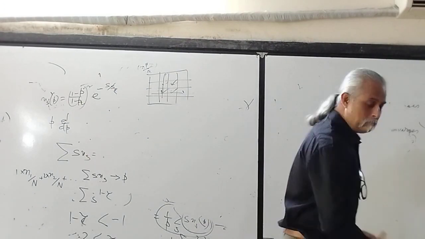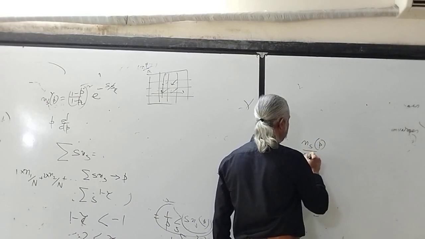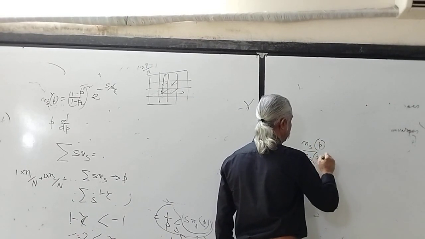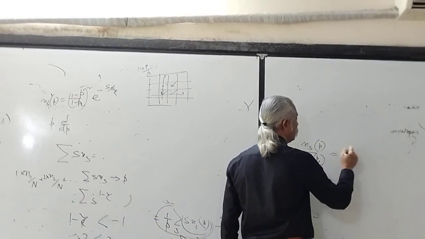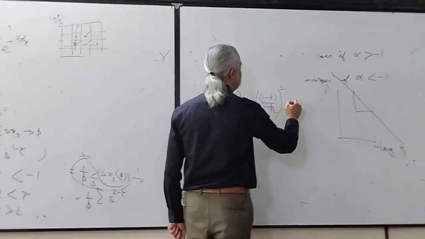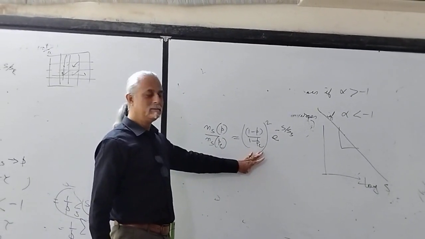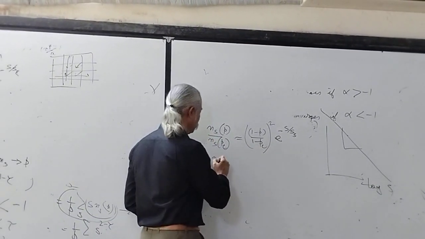তাহলে আমরা কি পেলাম? দেখো, n_s(p) by n_s(pc) equal to (1 minus p) over (1 minus pc) squared, e to the power minus s by s theta. এটা আমার রিলেশন. তাহলে আমি n_s(p) সমান কত হলো?